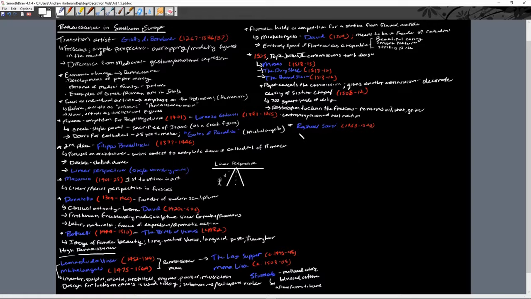And so he's brought to Rome from a pretty early age. And while there, he is commissioned by the Pope, Julius II. And he starts to learn from Michelangelo, his kind of commission rival.